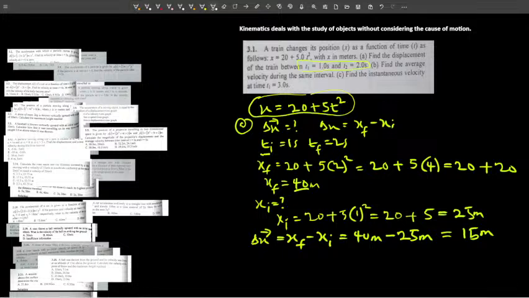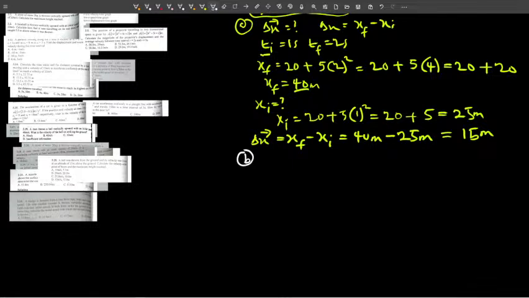Okay, let's move on. Part B says we should solve for the average velocity in that same interval. Don't forget that average velocity is equal to change in x over change in t, that is xf minus xi over tf minus ti.